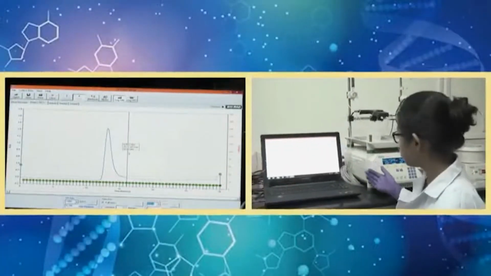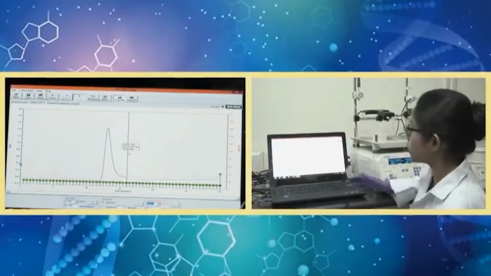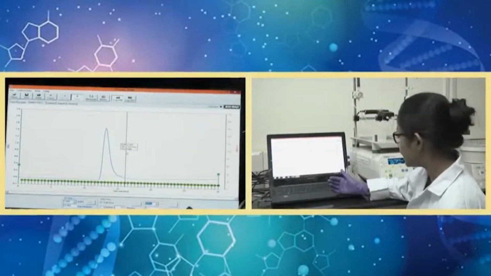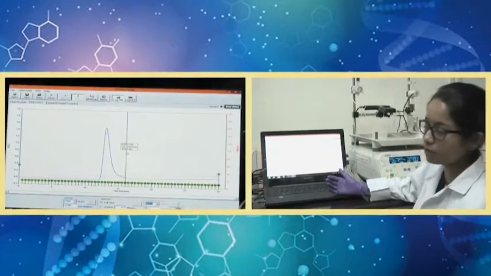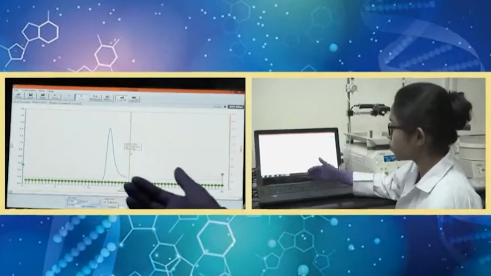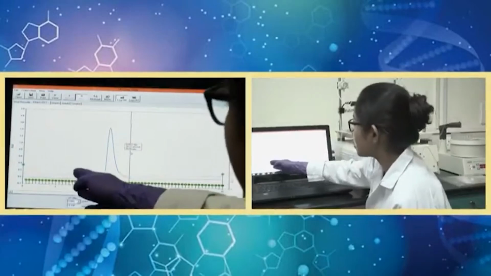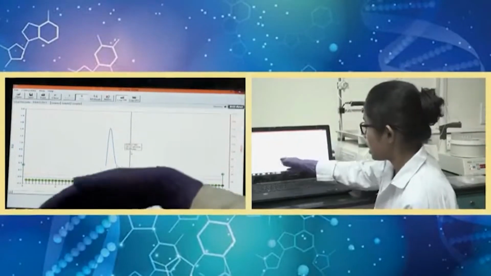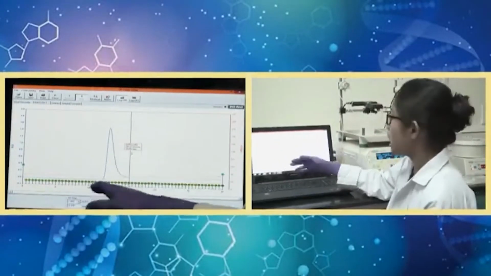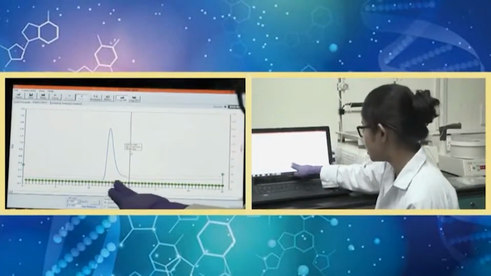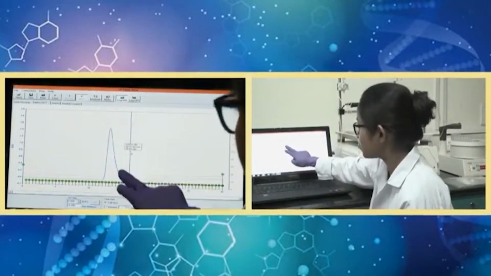As I mentioned before, the whole procedure can be monitored via this computer, where it will collect the data from the absorbance, and also the conductivity. Here I am showing already a graph where I have increased the concentration of imidazole at a particular gradient, and you can see these numbers mean at which fraction there is a spike at the absorbance level.